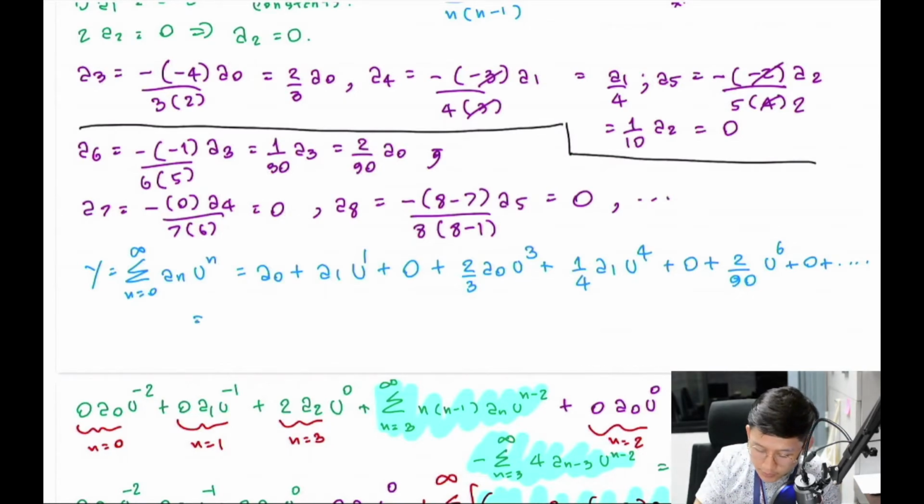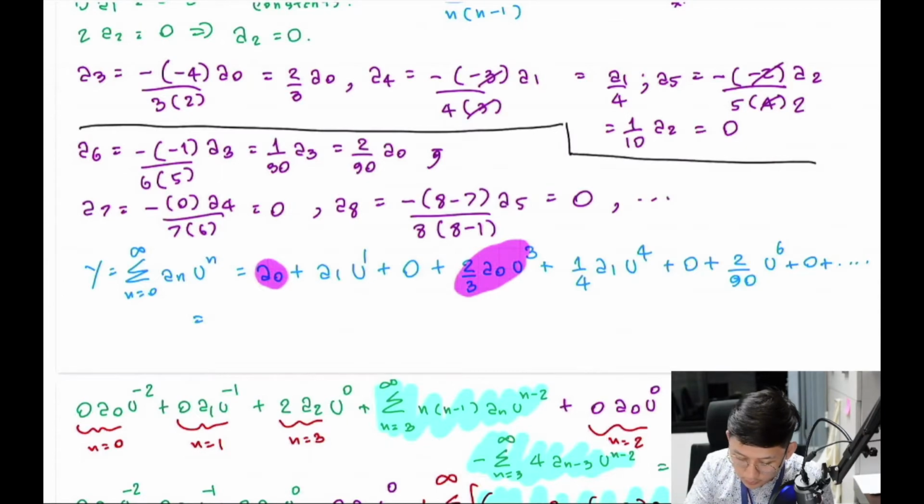In this case we grouped the A0 together, right? Oops, I forgot A0 here. It's 2/90 A0, so we have A0 here as well. So here we have 3 terms. If the question doesn't say until A8, we need 1 more term because we need at least 4 terms. But if they say find the solution until A8, we can just stop here.